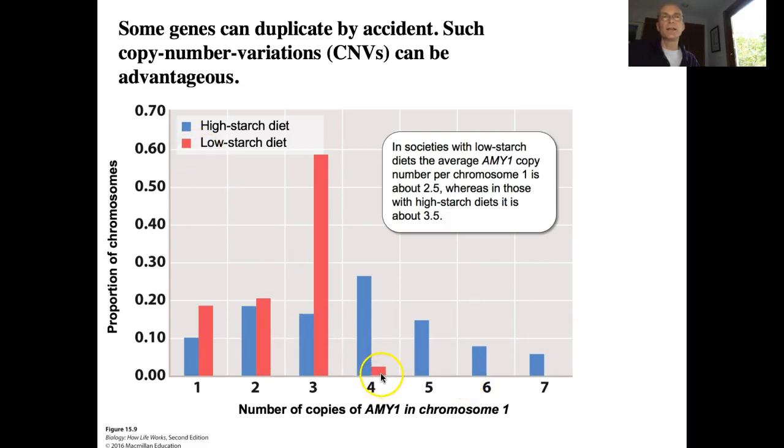There's hardly even maybe 4% of people that have 4 copies. None of them have more. Much more frequently they have a fewer number of copies. So copy number variation can have an effect on how well a certain process works, simply by the number of molecules that are being produced.